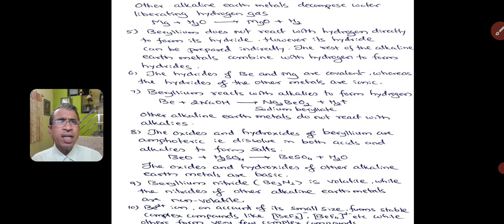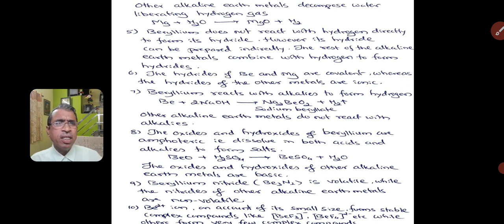The oxides and hydroxides of beryllium are amphoteric, that is, they dissolve in both acids and alkalis to form salts. Beryllium oxide BeO plus H2SO4 gives rise to beryllium sulfate and water. The oxides and hydroxides of other alkaline earth metals are basic in nature.